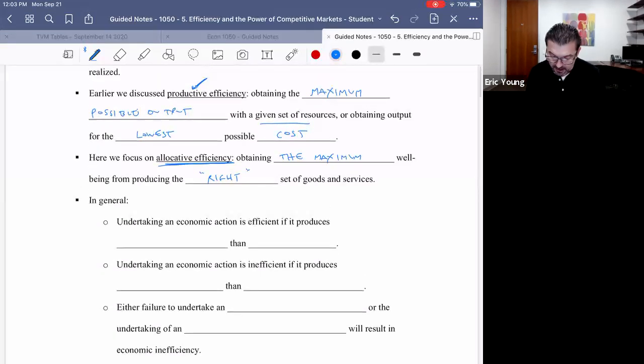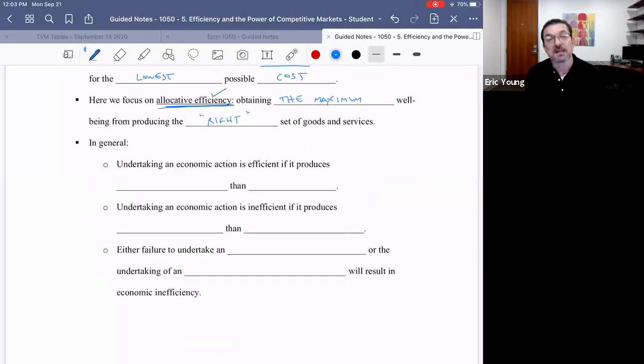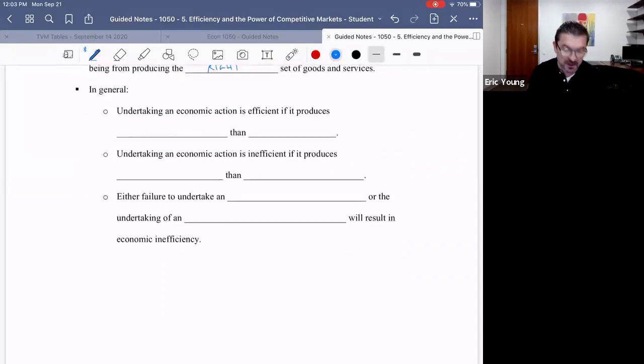So again, you can think of productive efficiency as, are we producing whatever we decide to produce at the lowest cost? Allocative efficiency is asking, but are we producing the right mix of things in order to satisfy people's overall wants?